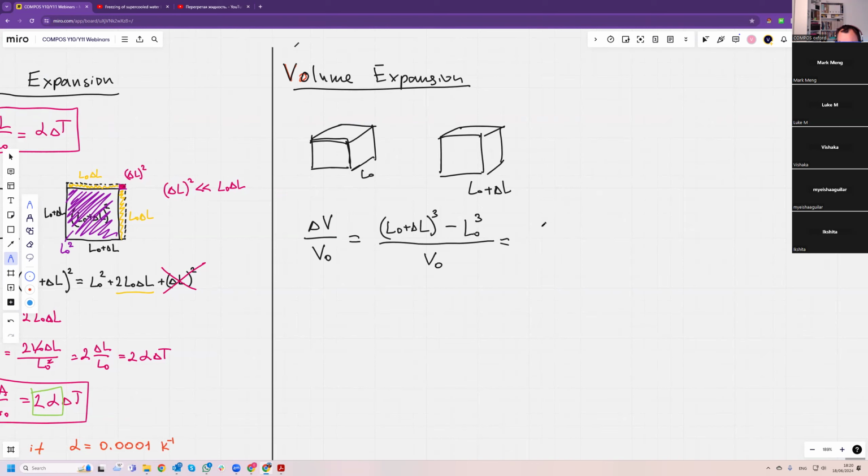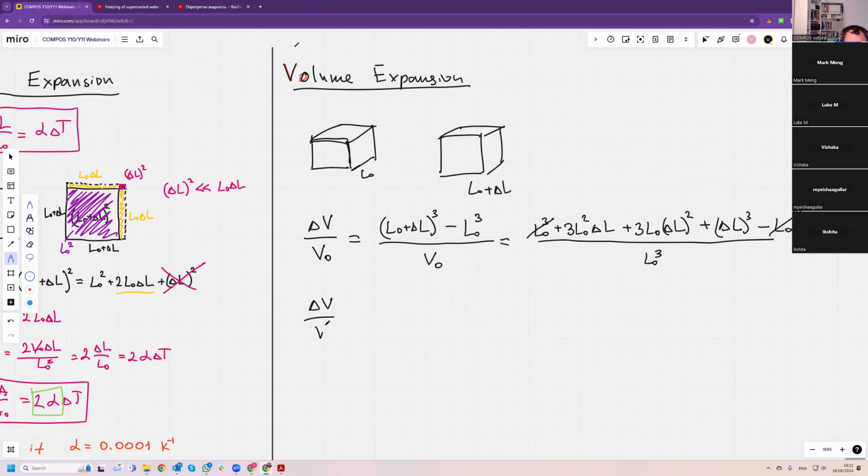If you open these brackets, it's going to be L0 cubed plus 3 L0 squared delta L plus 3 L0 delta L squared plus delta L cubed, minus L0 cubed. L0 cubed cancels, and you divide the whole thing by V0, which is L0 cubed.